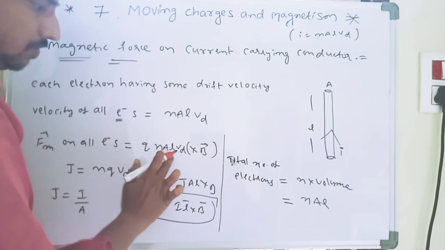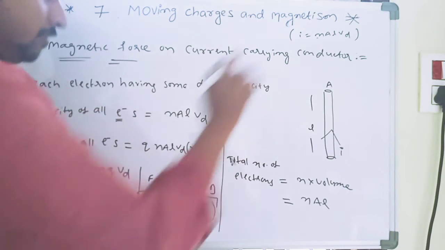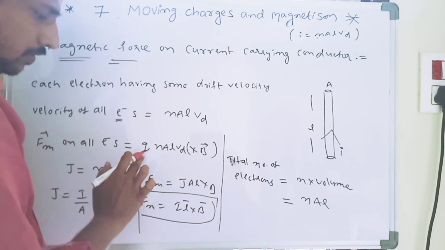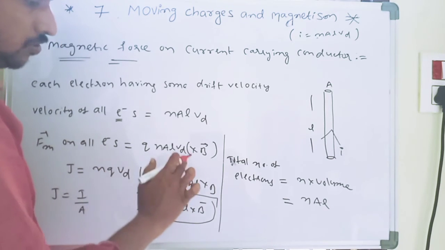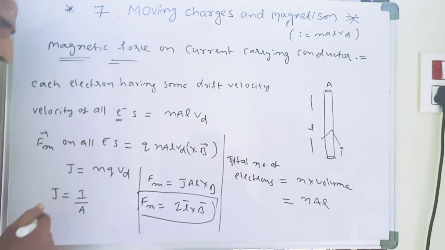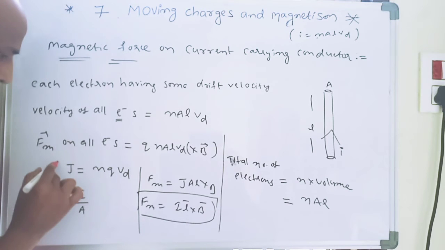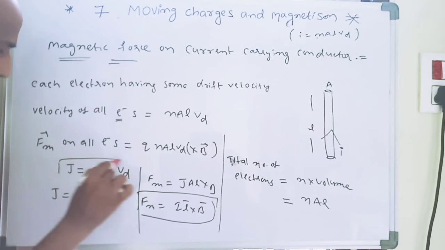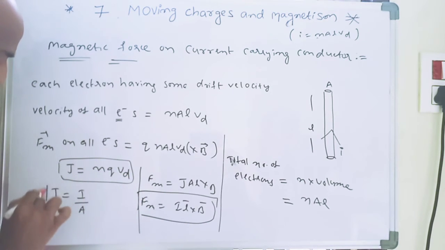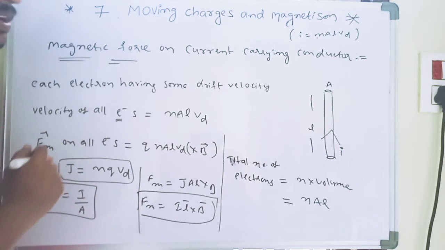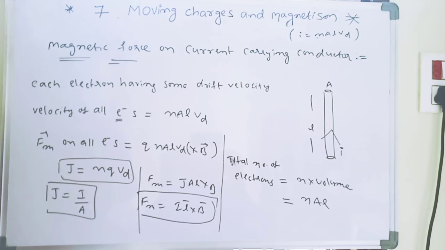So that's why remember this: J is equal to nQVd and J is equal to I by A. We already discussed this in previous current electricity lectures.